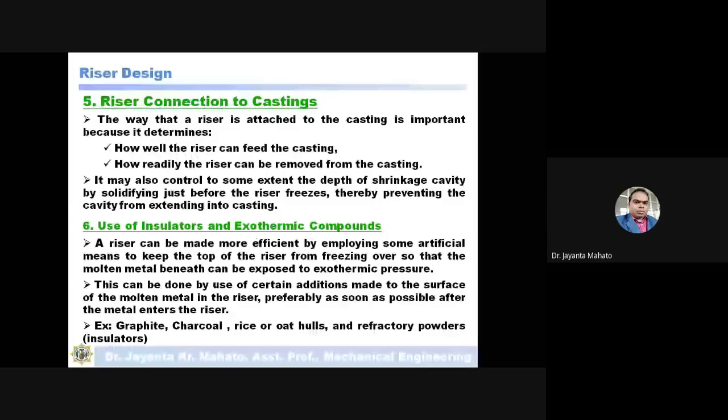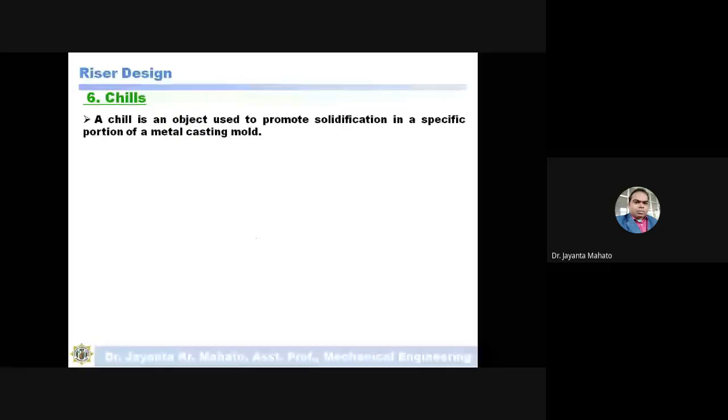Another important one is chill. These chills are used to promote solidification in a specific portion. Suppose within a mold cavity you want to solidify the mold material at a specific portion or location, then these chills are used.